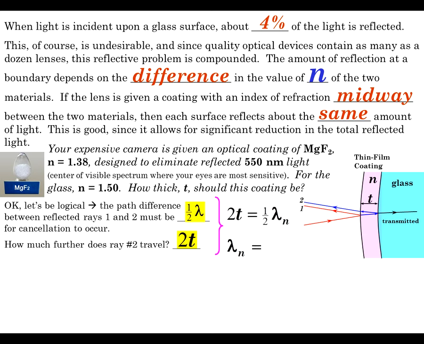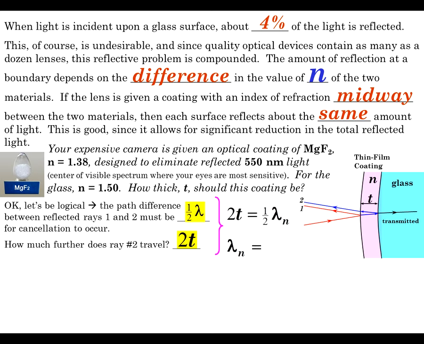You know, when light from air, having a certain wavelength, hits a slower medium, the light slows down and it bunches the wavelength up. The wavelength gets smaller. In fact, it's shortened by a factor corresponding to the index of refraction.